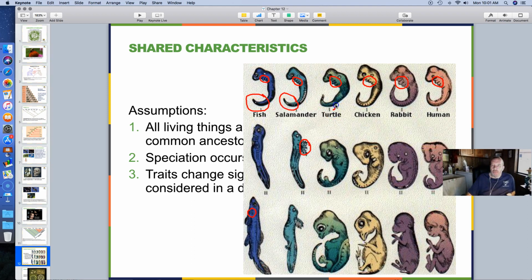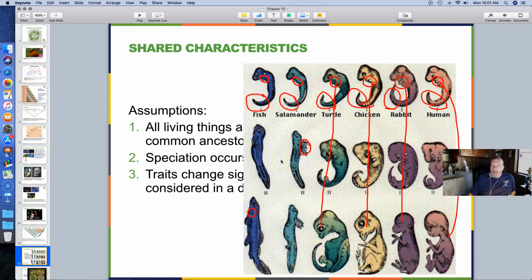Salamanders have tails, turtles have tails, chickens have tails, rabbits have tails as an adult, humans don't. But as an embryo, we still have that remnant tail. And so you can see a variety of characteristics that all of these embryos share. They don't all have these characteristics as adults. Again, rabbits, humans, chickens, turtles don't have gills as adults, but they do as an embryo.